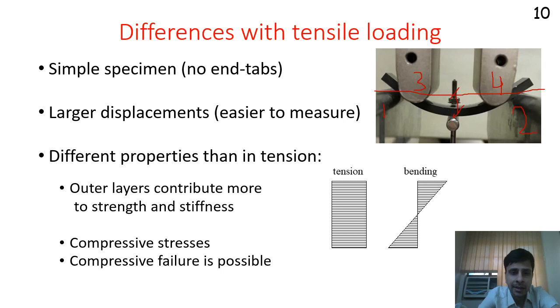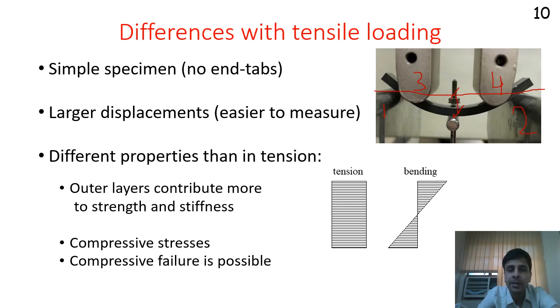And another big difference is that the outermost layers contribute more to strength and stiffness. When you are doing a tension test, throughout the thickness, the contribution to modulus is the same. The contribution to strength, if all the fibers have the same orientation, is the same. For bending, that is not the case.